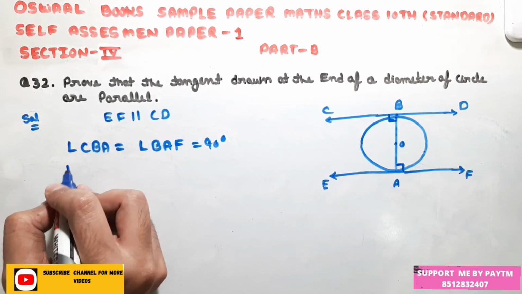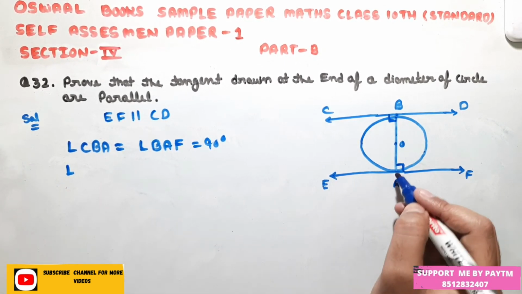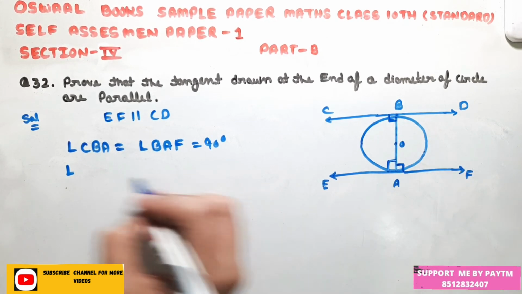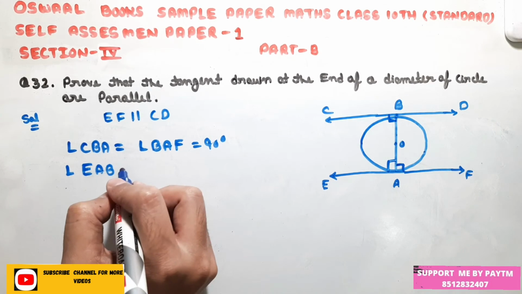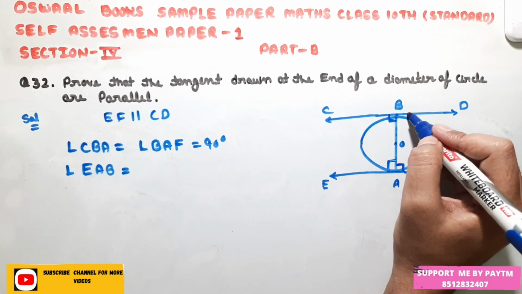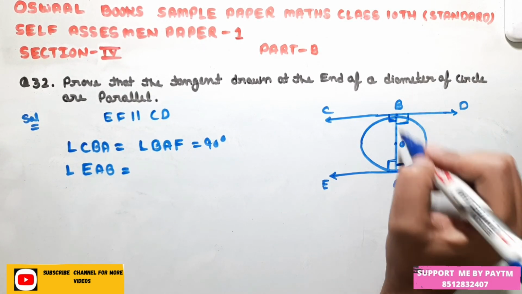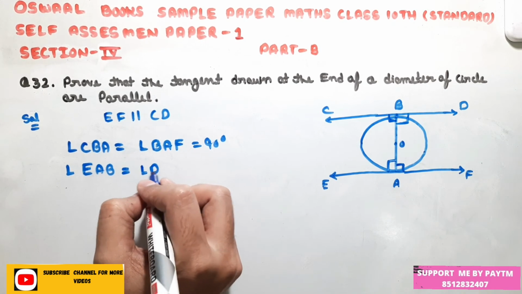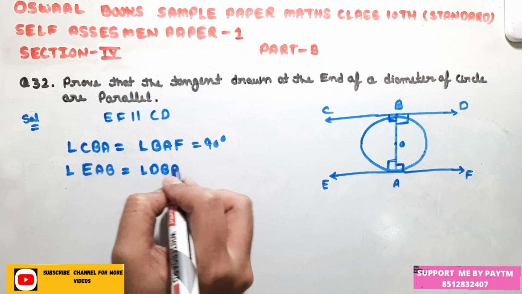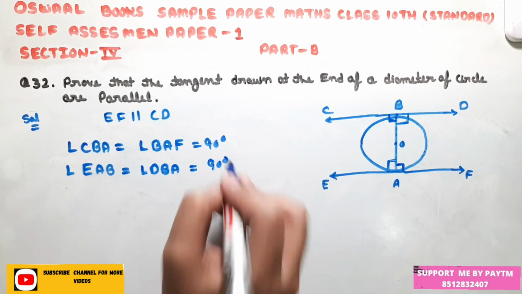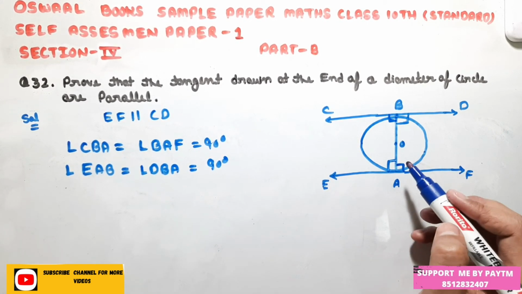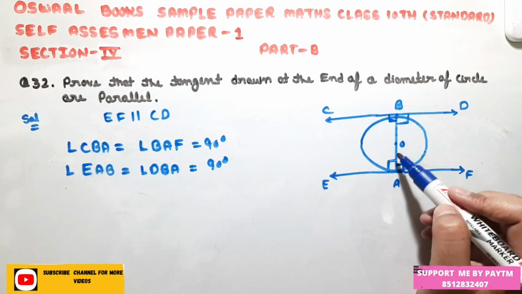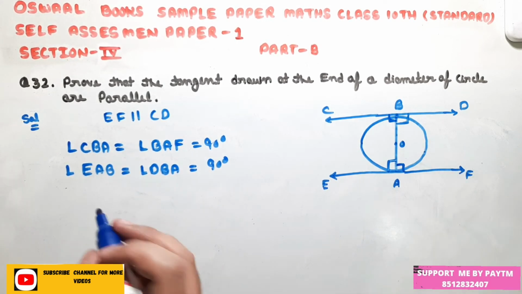Similarly, angle EAB will be equal to angle DBA equal to 90 degrees. Here we can see alternate interior angles are equal.